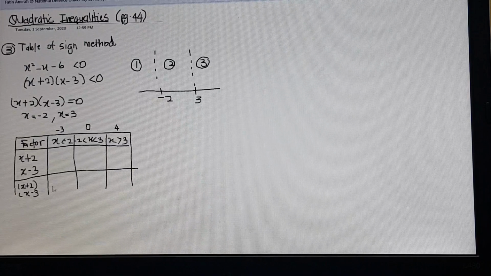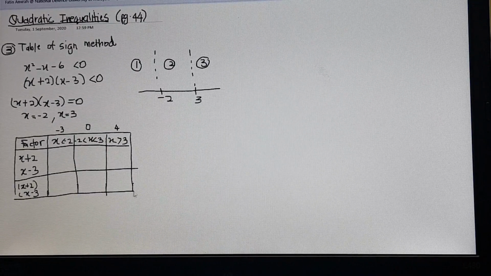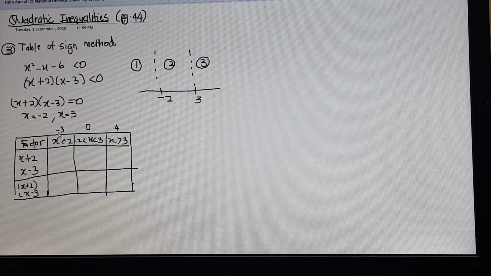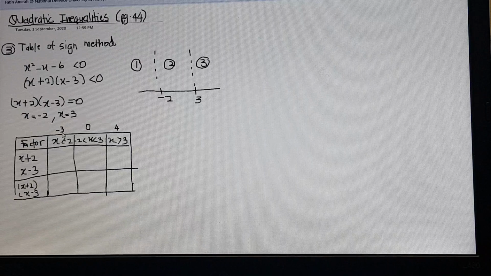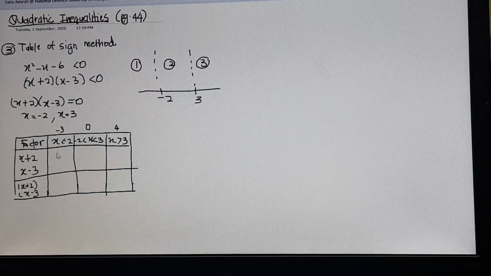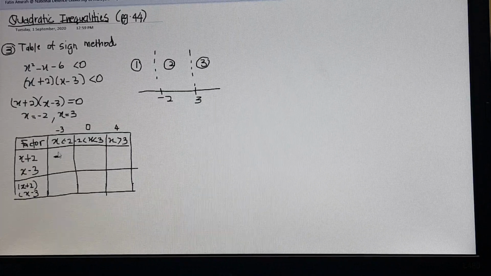Let's take a look at the first row, the first factor, x plus 2. For example, you take the value of negative 3 and insert it into the first factor. What will be the answer? The answer would be a negative sign, so you put negative here.